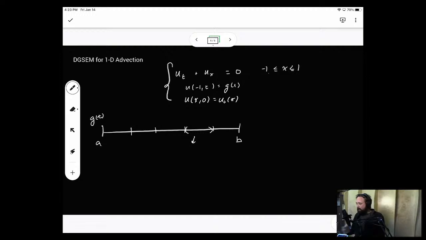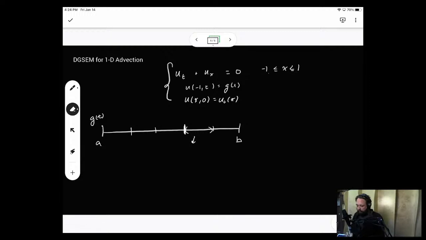Remember, since things in one-way advection go one way, I only need that boundary condition here on the left side. So the idea is we'll divide that domain into multiple elements. Each element gets mapped to this reference domain on -1 to 1. And then at the interface between each element, we compute a flux between them to couple everything together.